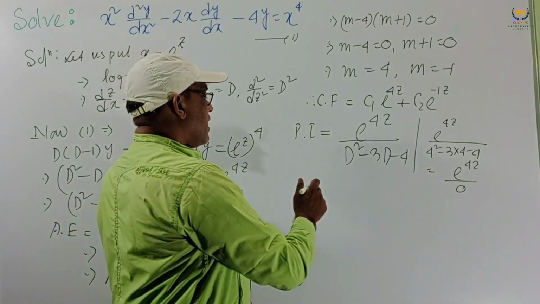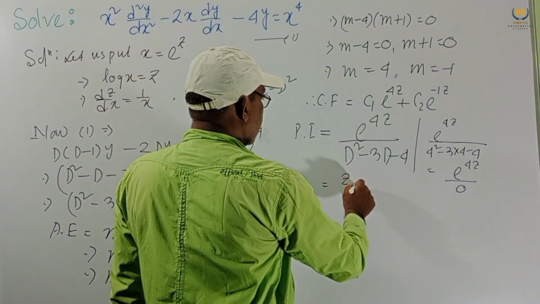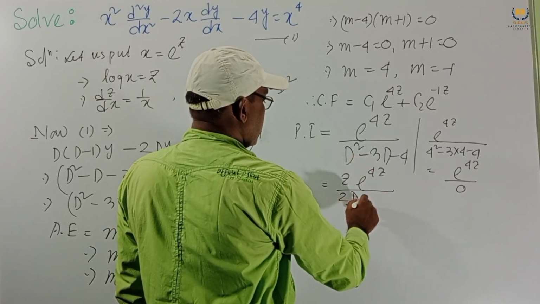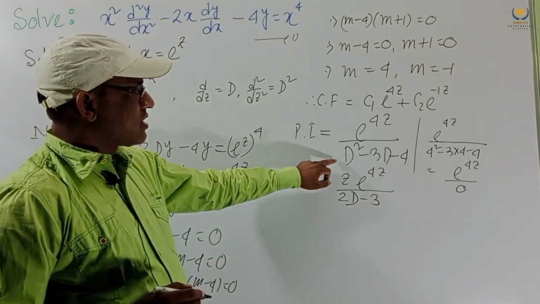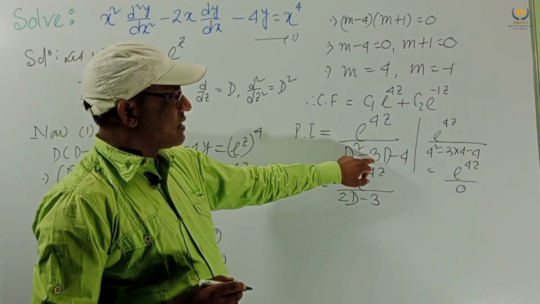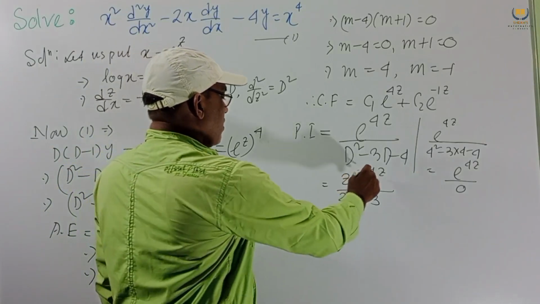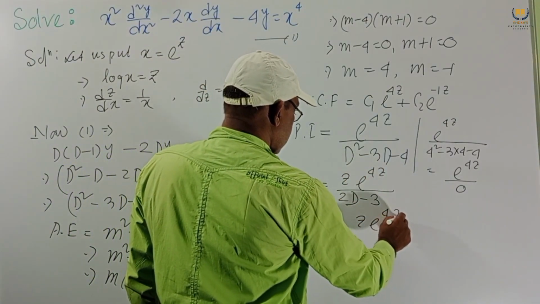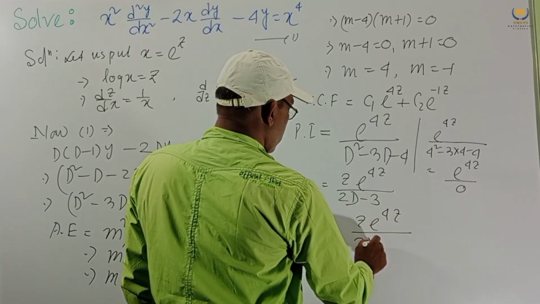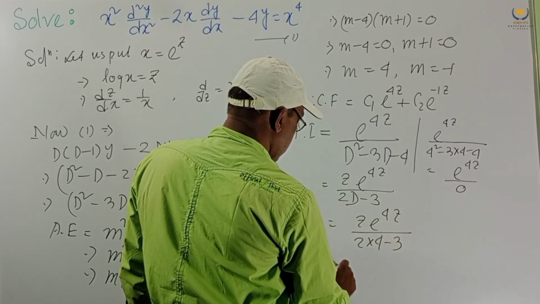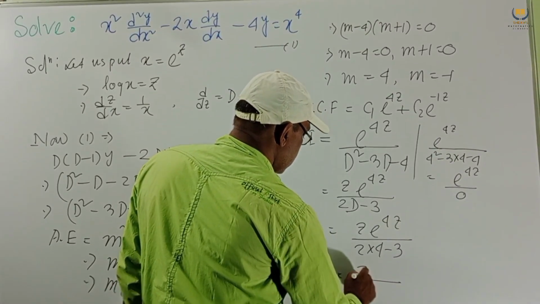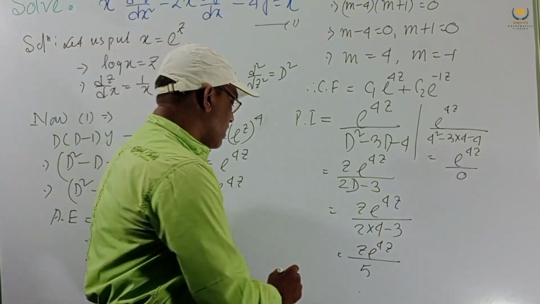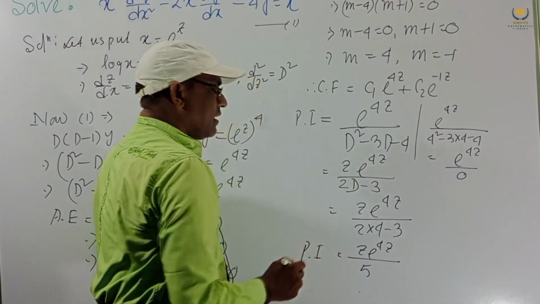When the denominator is 0, we multiply the numerator by z and differentiate the denominator with respect to D. Differentiating, this is 2D minus 3, and now putting the value 4, z e to the power 4z by 2 into 4 minus 3. This is 5, so z e to the power 4z by 5 is our particular integral.